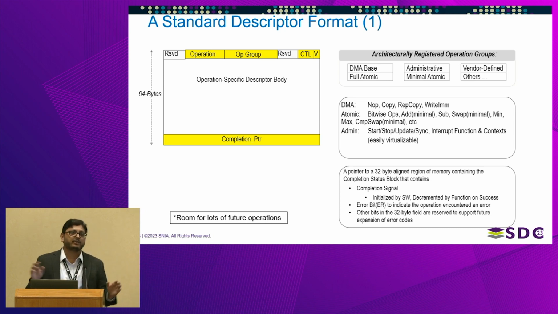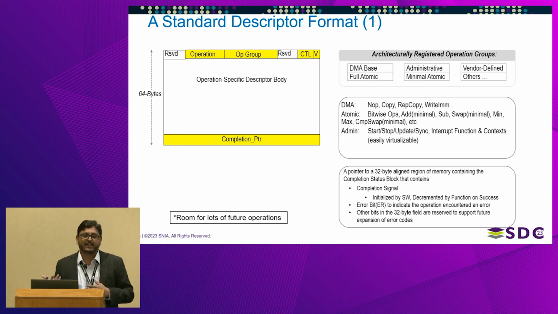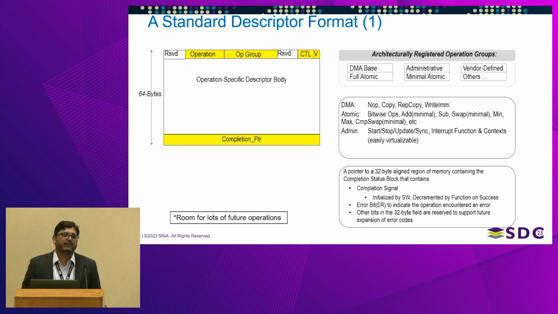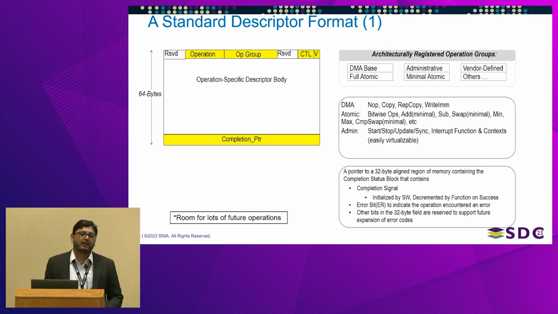But if you had a large number and multiple descriptors pointed to the same completion status block, the function may have to atomically decrement each value every time if they all shared the same completion status block. But that's all implementation defined from a producer's point of view and how you want to do that.